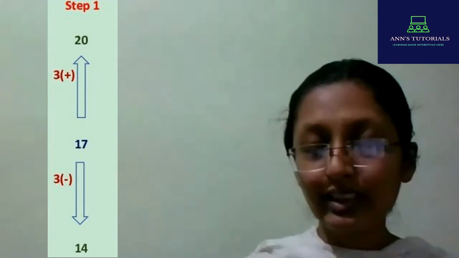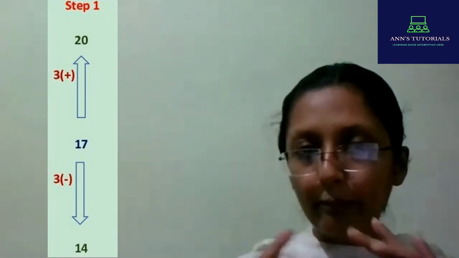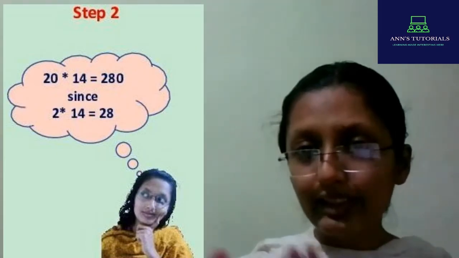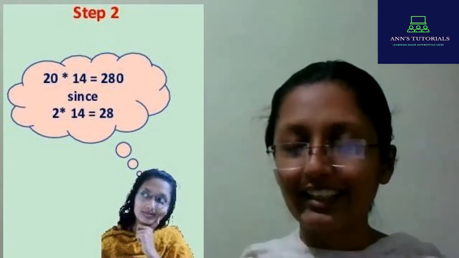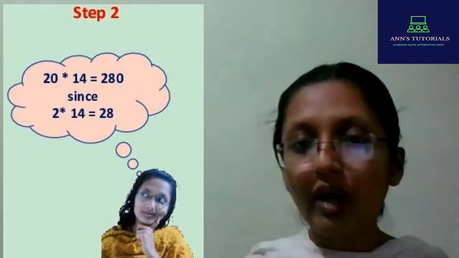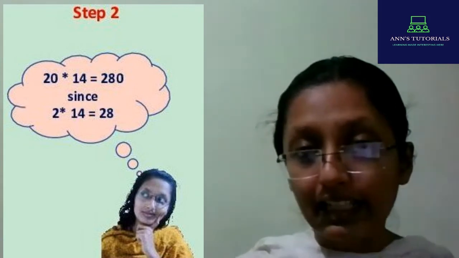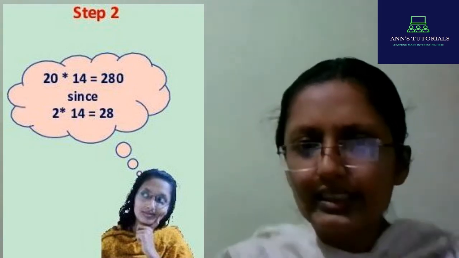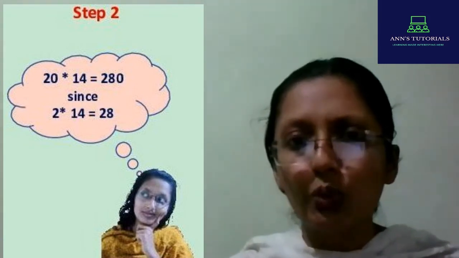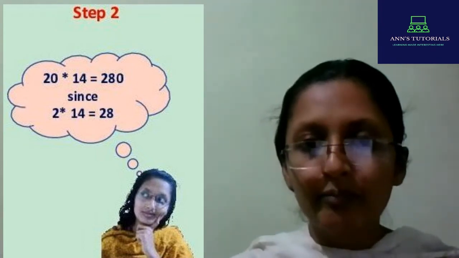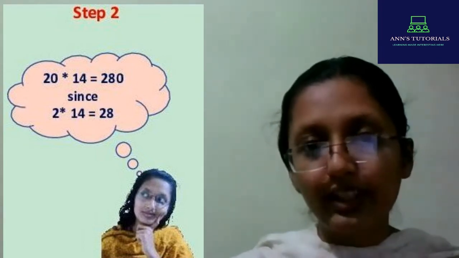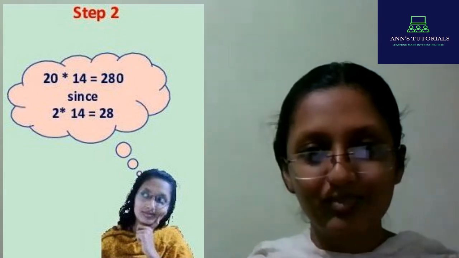Now, these two numbers that we have got, we will multiply in the next step. And what will the answer come? 20 multiplied by 14. See, this is very easy because you have a number which is ending with 0. So it's easy to multiply 14 into 2. So it's 28, and 20 multiplied by 14, we get 280, right?